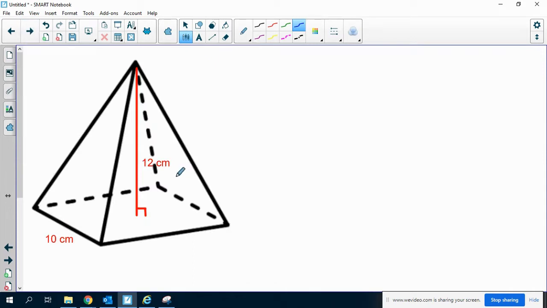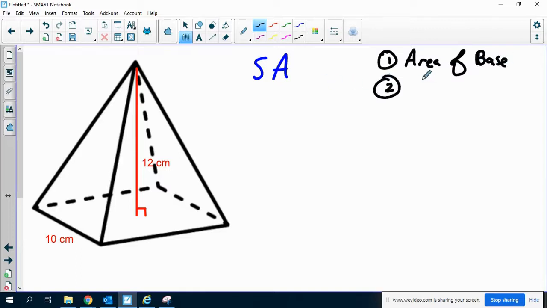Now let's quickly do some calculations. We're going to find the surface area of this figure. And just like last time, we have a three-step process. One is find the area of the base. Two is find the lateral area, which is the area of everything except the base.